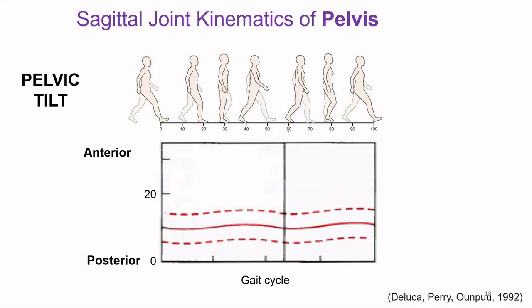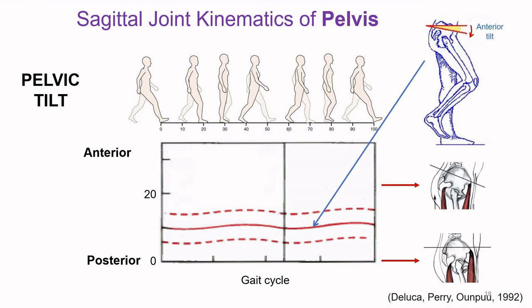So, on this slide, we're looking at the sagittal joint kinematics of the pelvis. Pelvic tilt is calculated by comparing the height of the PSIS, that is the posterior superior iliac spine, to the ASIS, the anterior superior iliac spine.